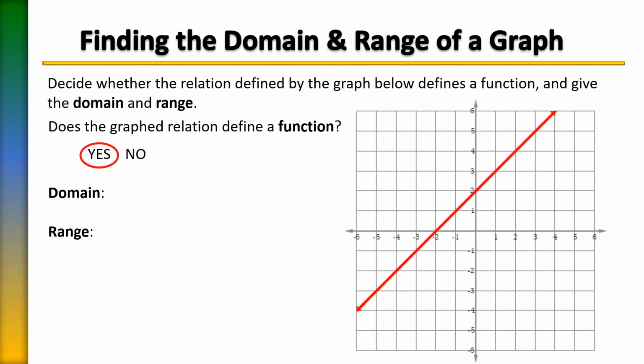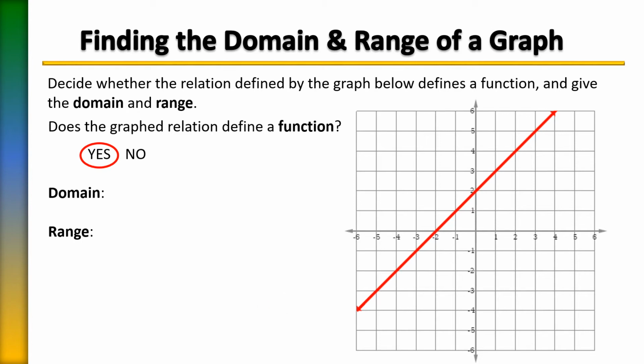And now for the domain. How much does it extend to the left and to the right? Well, anytime you have a line, and a diagonal line specifically, here when you have arrows on each end, that indicates that that line is going to go on in both directions to infinity. So in other words, to the left, this line is going to continue going on and on and on.